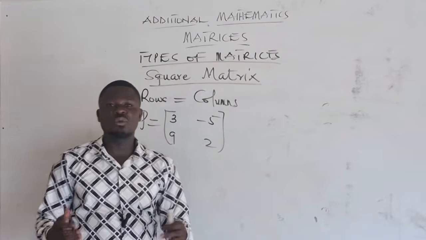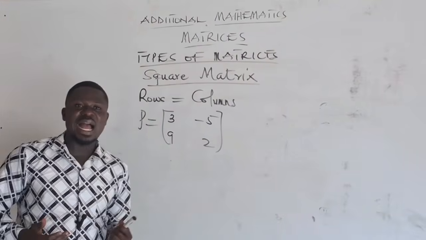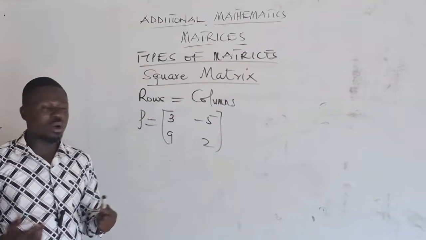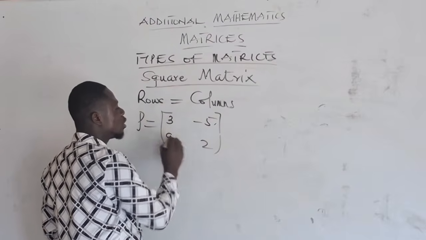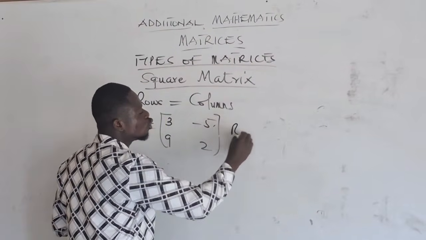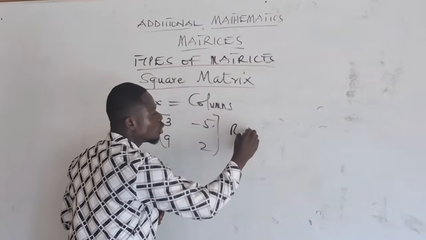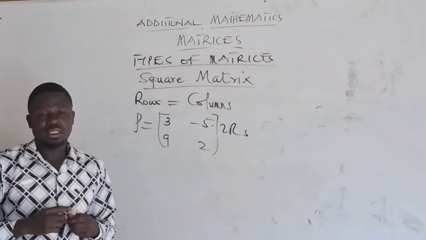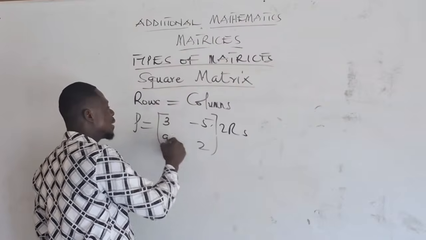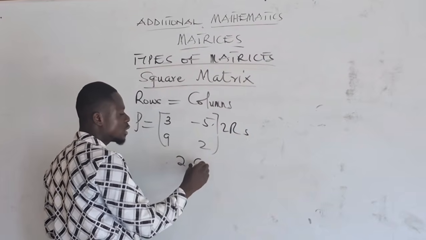Only if they are the same, we say that it is a square matrix. So let's identify our number of rows, our number of columns. So the horizontals, we have one row, another row. So we have 2 rows. And then when we check the columns, we have column 1, column 2. So we have 2 columns.